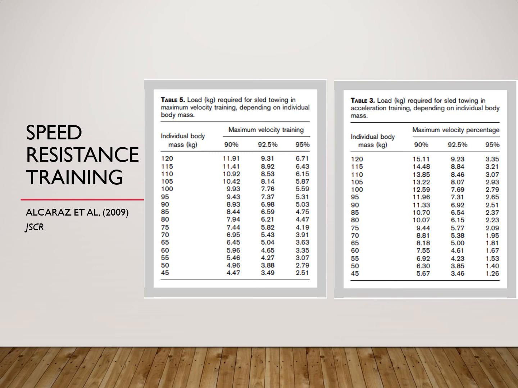Okay, still not huge, but around kind of 10% body weight for most people to get a 90% maximum velocity. And then we would obviously decrease that weight depending on how much of an impact we want on the maximal velocity. And if we look across, we can see that that is slightly higher in most instances for the acceleration capabilities that we're trying to develop.